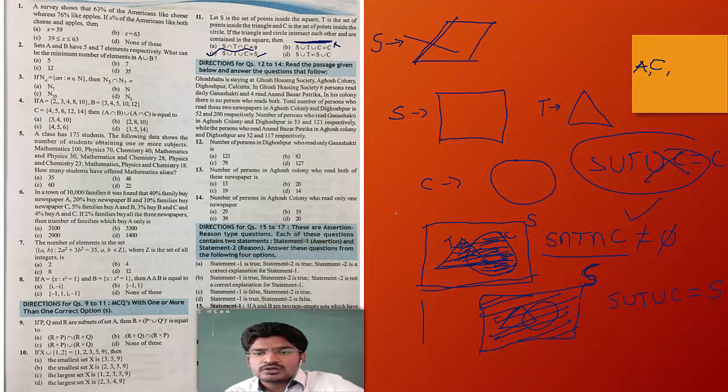Now let us go for S union T. If we go for S union T, this is square union triangle, no problem. Next, another one is square union circle.